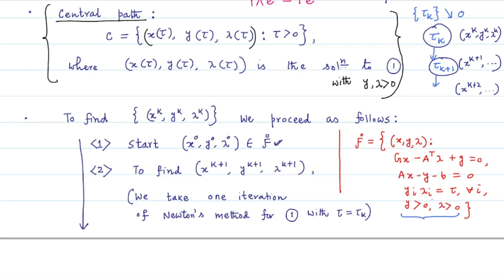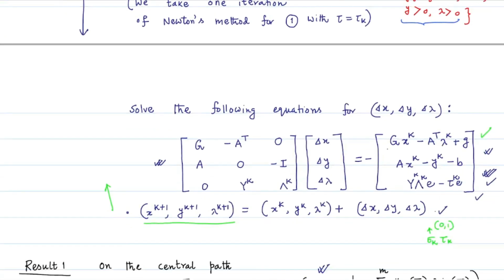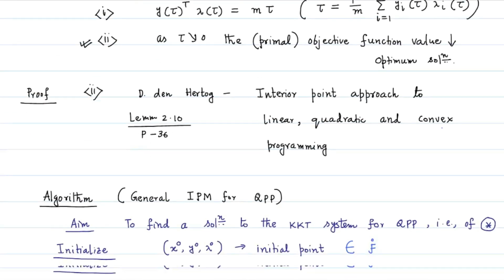So we choose a point from this F naught to start the process, and therefore at the point x naught, y naught, lambda naught, we have here an equality, here also an equality, and this condition we just forget about, because we are replacing this condition by some sigma times tau, right? So we just forget about it to form the set F naught to take a point in this algorithm.